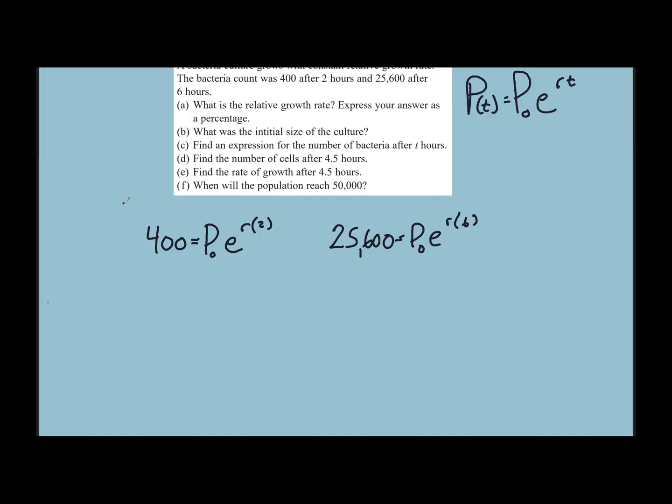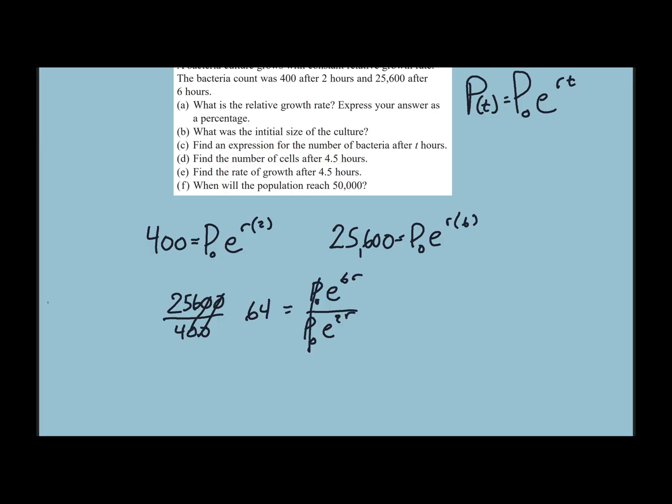So maybe we can just divide them by each other. So I would say 25,600 divided by 400. We'll just cross those off now. What's 256 divided by 4? 64. So it would be 64 equals P naught e to the 6r divided by P naught e to the 2r.